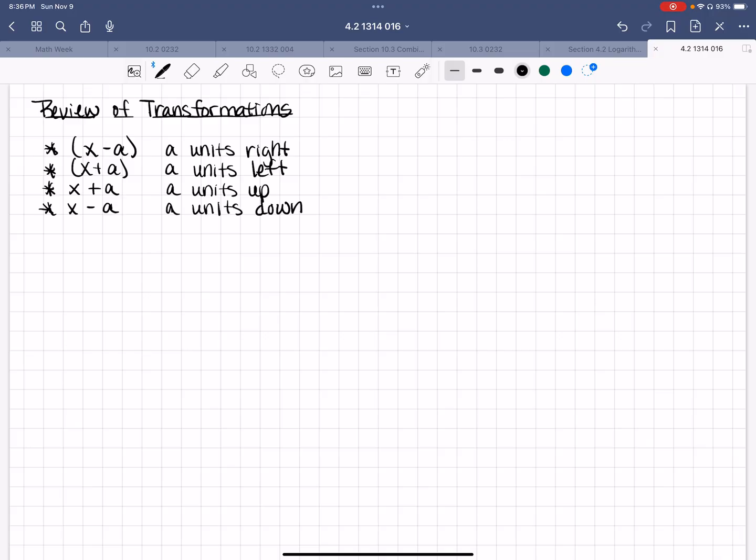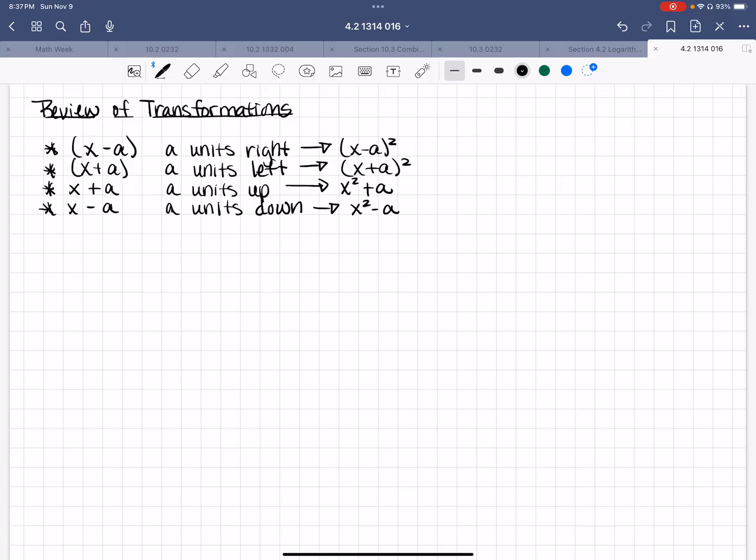Now remember, this is when we're looking at things like x squared plus a, that's a units up. This is x squared minus a, that's a units down. Here, if it looked like x minus a squared, that would be a units to the right. Here, if we had x plus a squared, that's a units to the left.